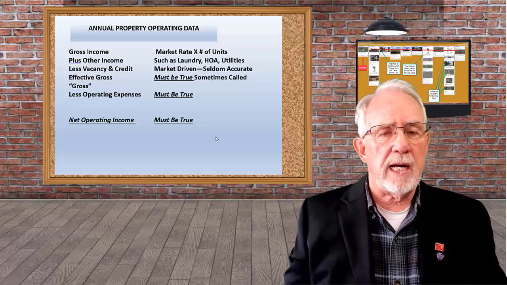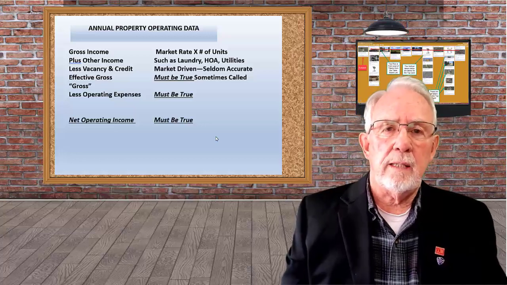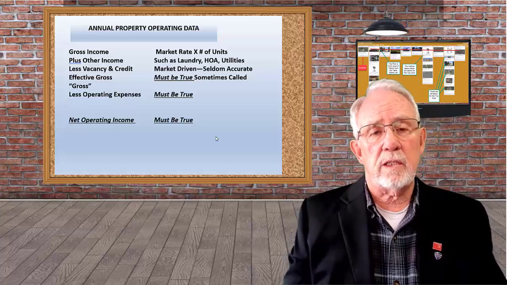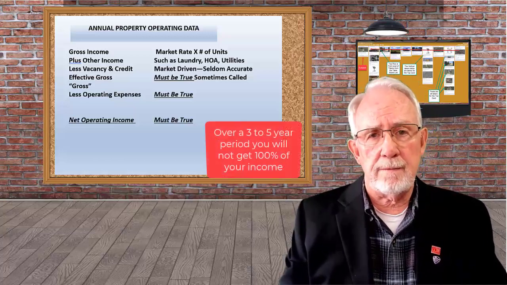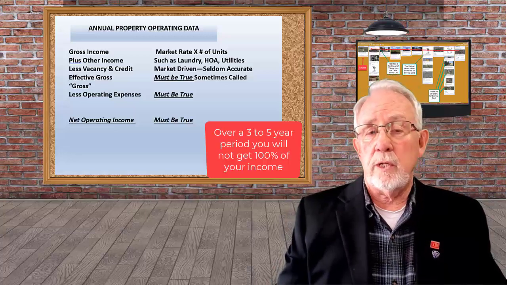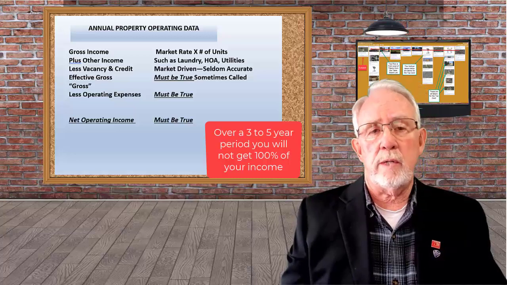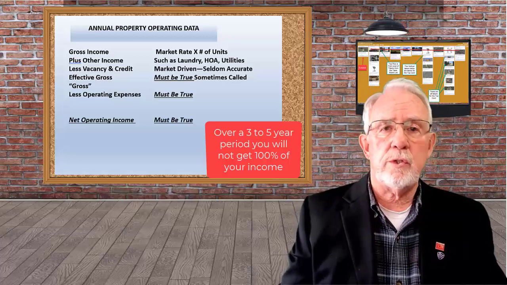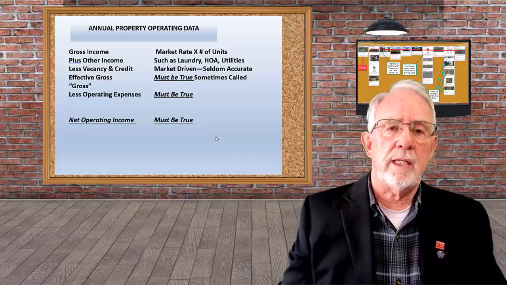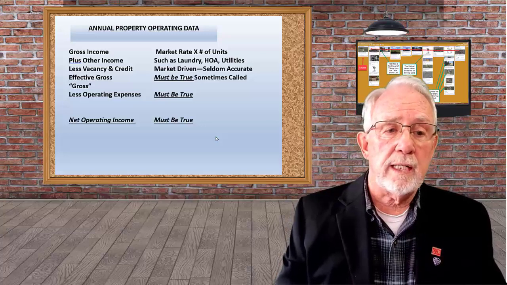Can be 5, 6, 7%, but they will definitely plug in a vacancy factor. And the reason is because over a 3 to 5 year period, you will not get 100% of your income. You got people moving in, moving out, you got prorated rent, you got renovations, you got units down, you got plumbing repairs. There's some reason that you don't get 100% of the income all the time in most rentals.